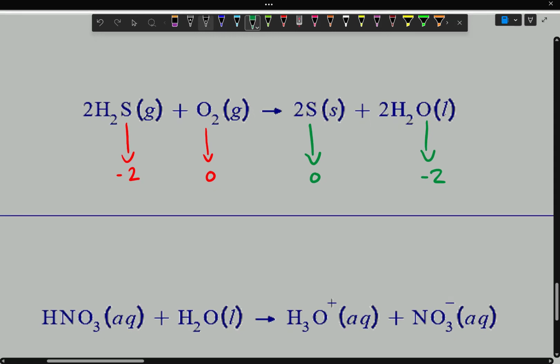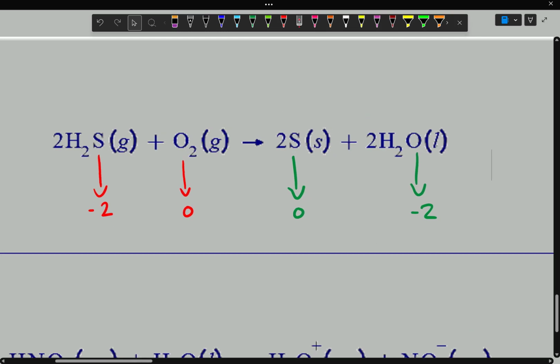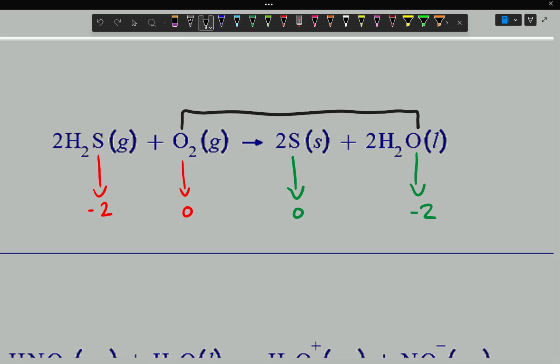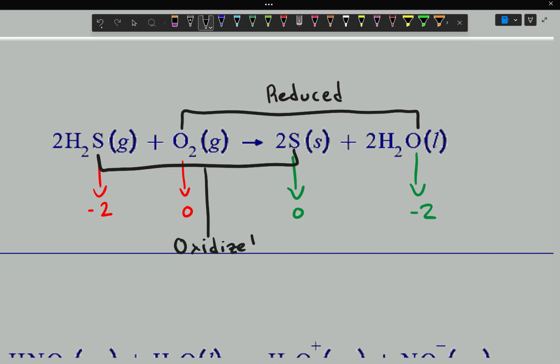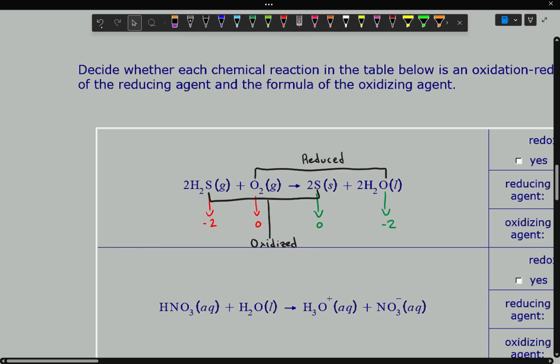So, we can say now that our oxygen is being reduced and our sulfur is being oxidized.